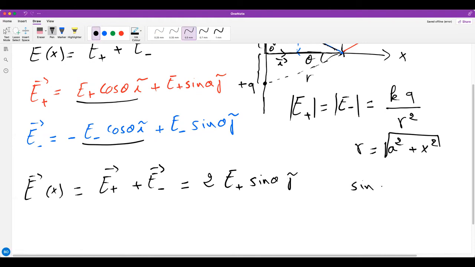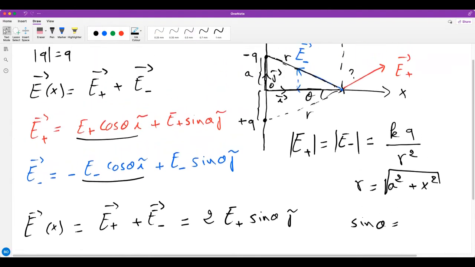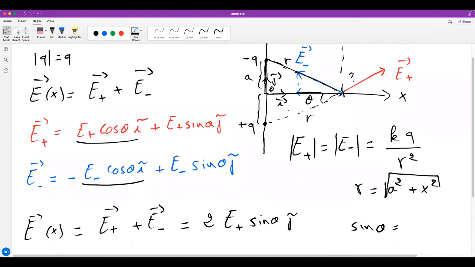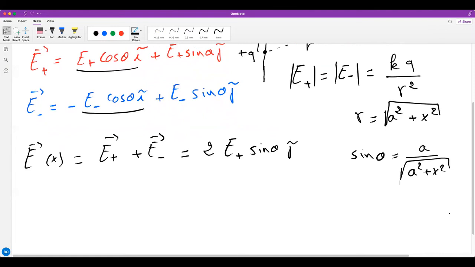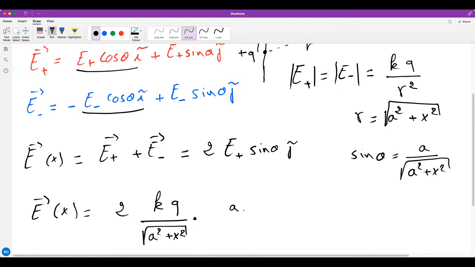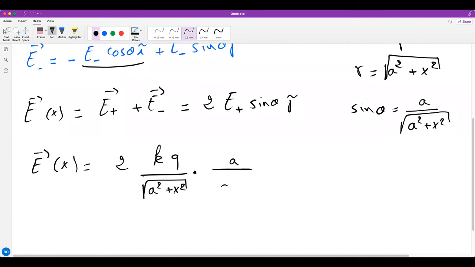What is sine theta? You can see that sine theta is equal to A over r, so it's A over the square root of A squared plus x squared. So then the total electric field will be 2 times KQ over A squared plus x squared times A over the square root of A squared plus x squared.